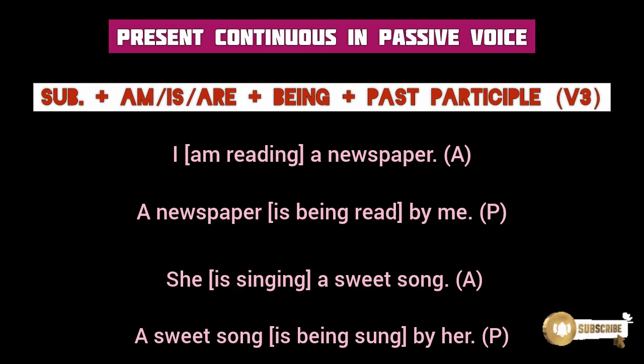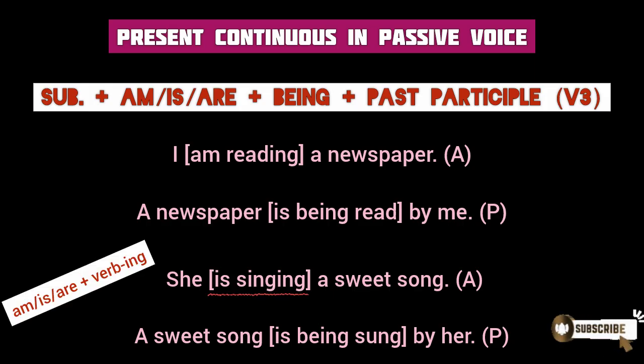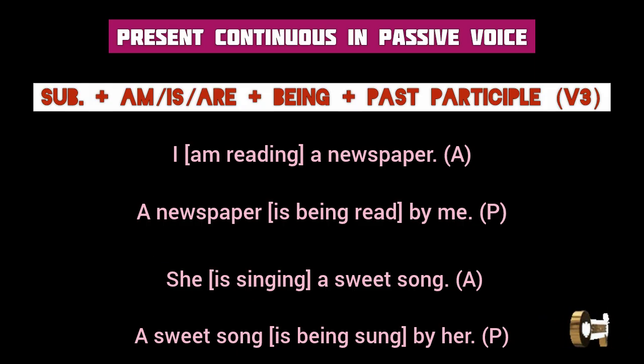Similarly, in the next example, she is singing a sweet song. The verb is singing is in the active voice because the subject she is the doer of an action of singing. Look at the active voice structure in this sentence, is plus the fourth form or the ing form of the verb sing. But then in the last sentence, a sweet song is being sung by her.